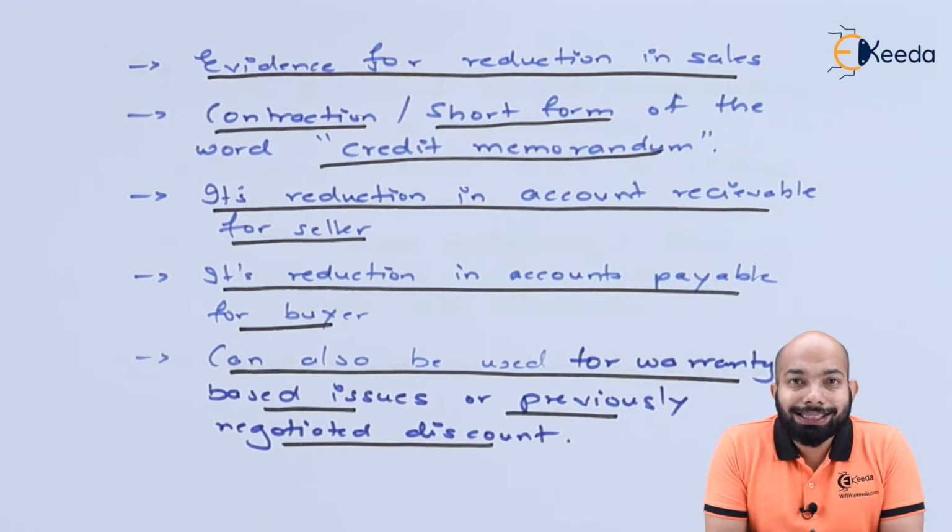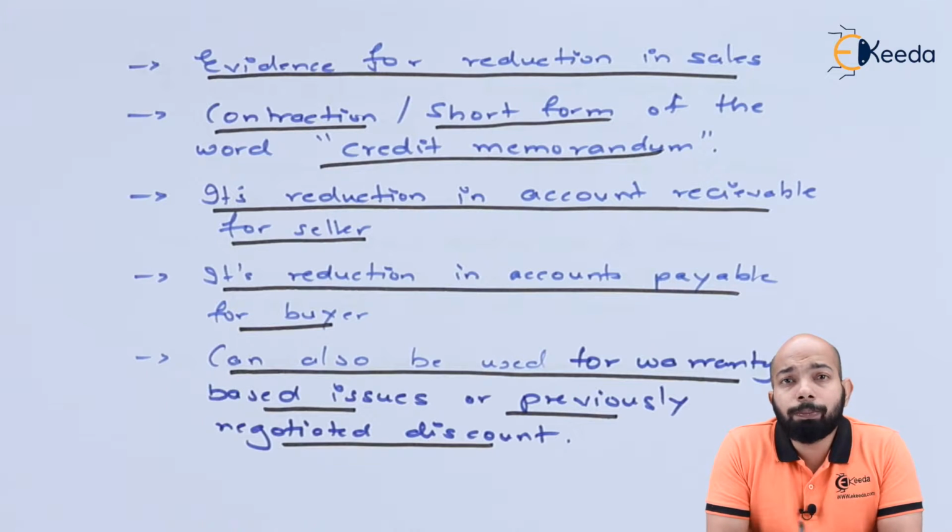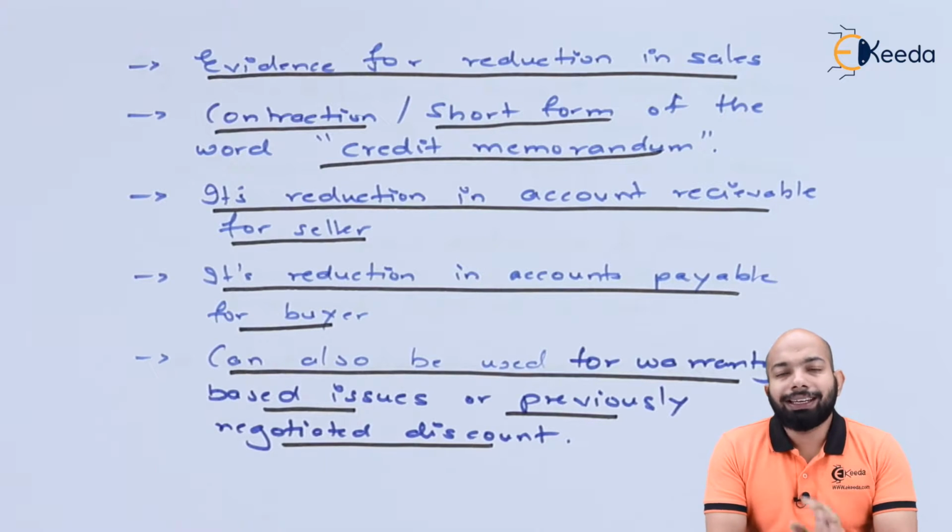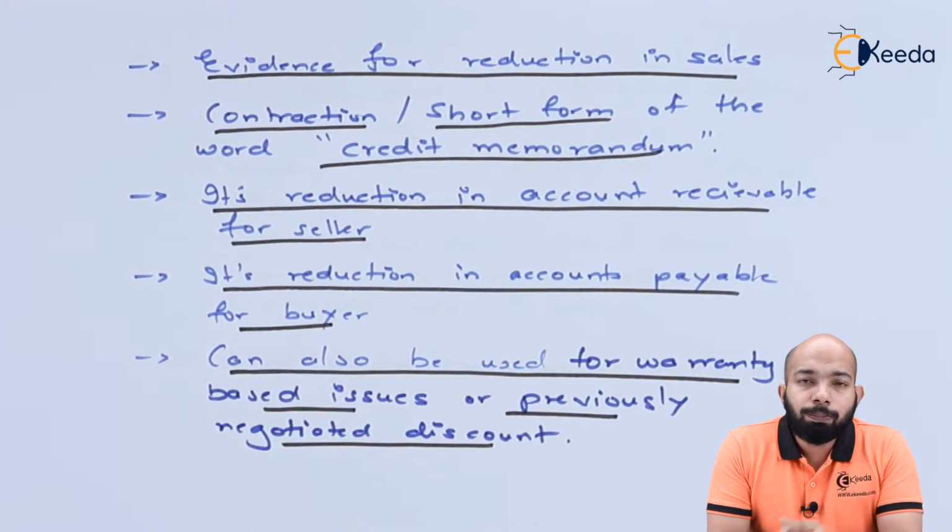Now, the last detail mentions that it can also be used for warranty-based issues or previously promised discounts. Let's take an example. You were promised that you would receive a discount of 10% on the previous purchase that you made. However, you still haven't received it.